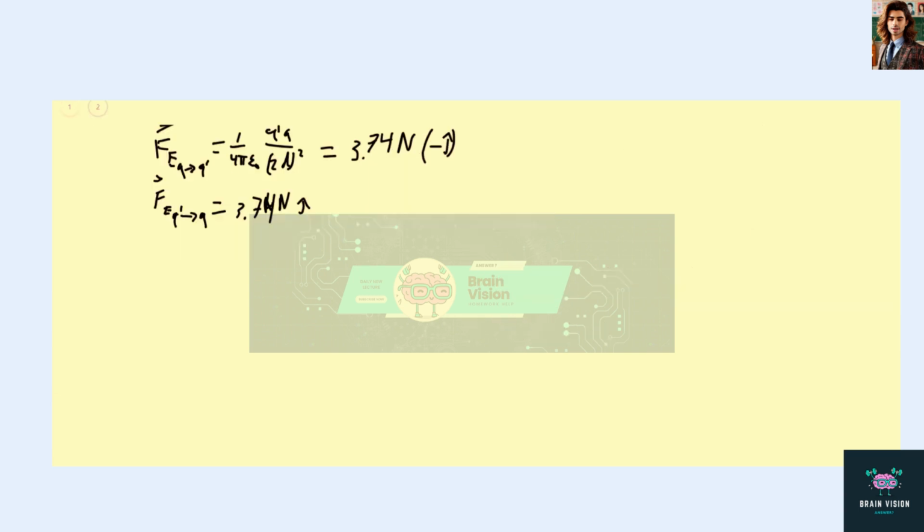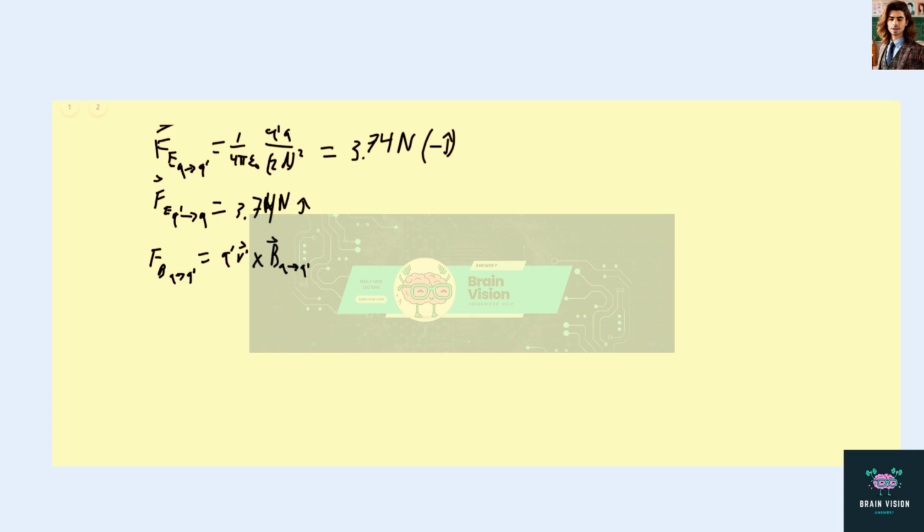Okay, so how about the next one? The force due to the B field of Q acting on Q prime. So this is going to be a Lorentz force law. So we have a moving point charge Q prime, with velocity V prime vector, crossed with the B field of Q acting on Q prime.